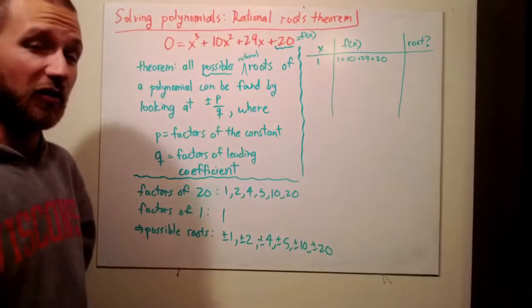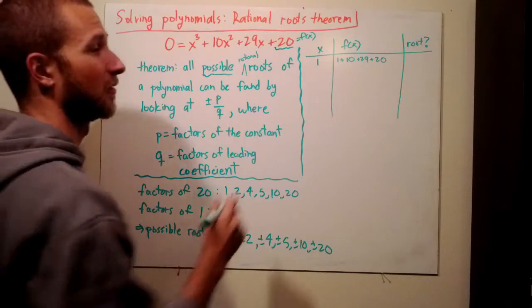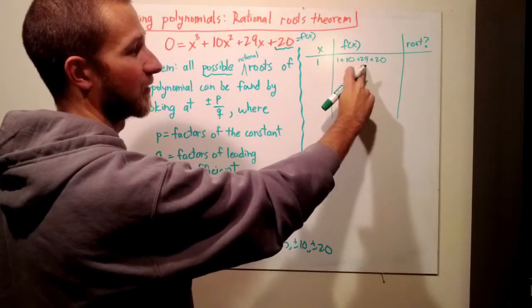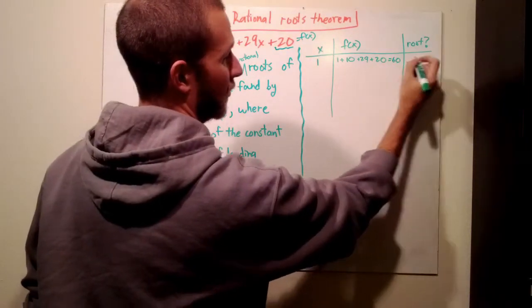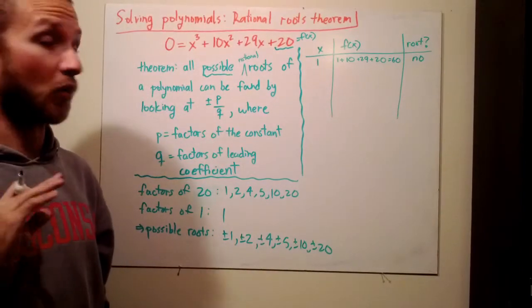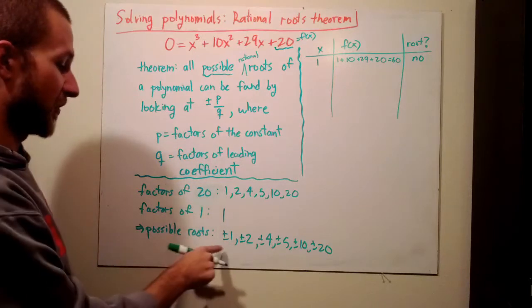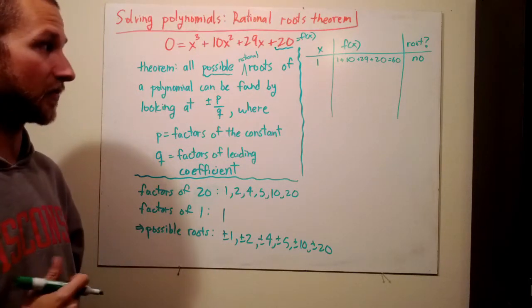I could add that up, but it's most certainly not going to be equal to 0. So you'd have 20 plus 29 is 49, 59, I get 60. Which tells us, nope, it cannot be a root. If it were a root, it would make that equal 0. So in my list, 1 was a possible root, but it didn't turn out to actually be a root.